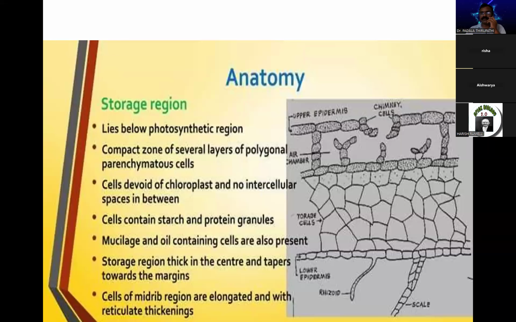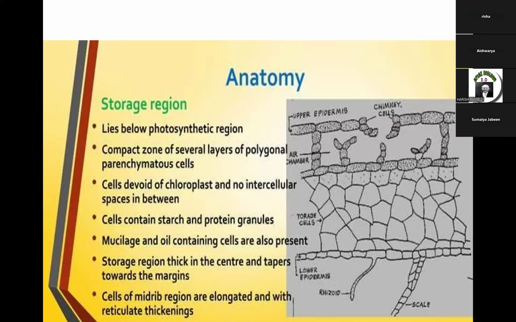These are all parenchyma cells. They store the food material. Cells are devoid of chloroplast, as it is the storage region, there is no chloroplast and no intercellular spaces. Cells contain starch and protein granules stored there. Starch and proteins. Mucilage and oil containing cells are also present inside this.